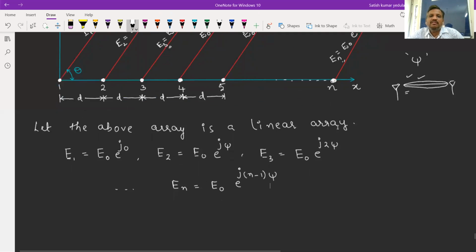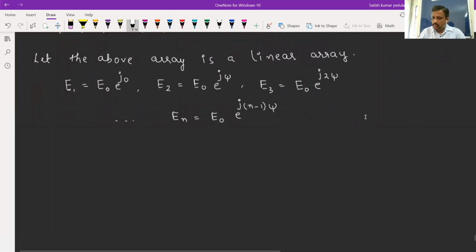So to get the array factor, we need to get the total electric field intensity.